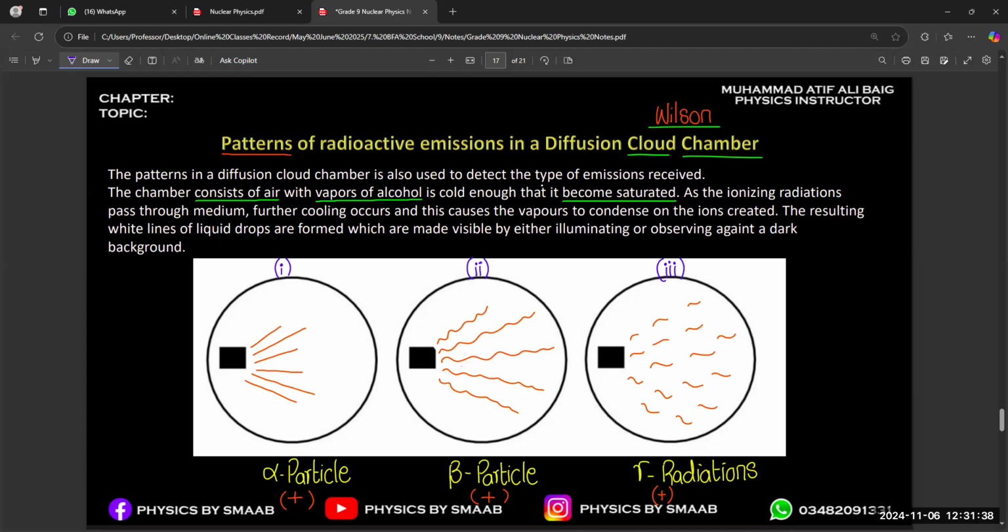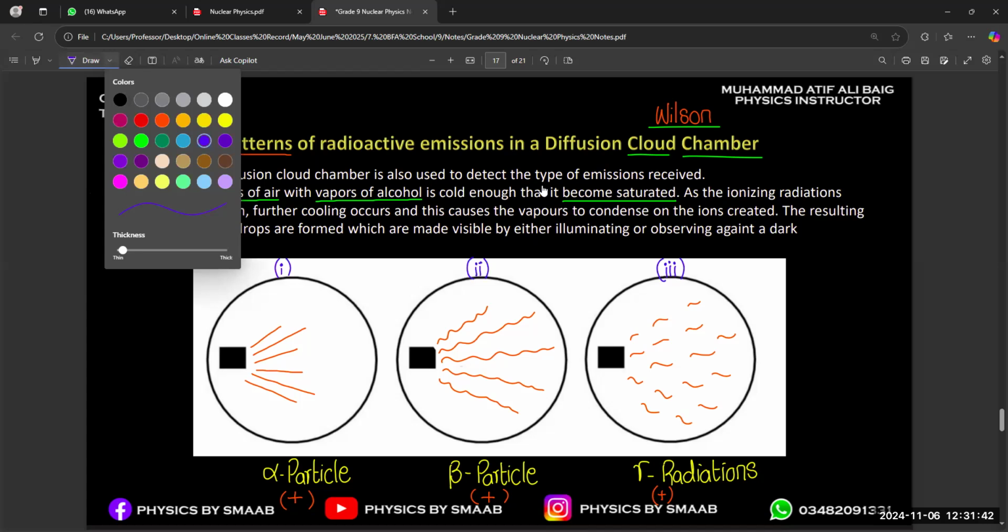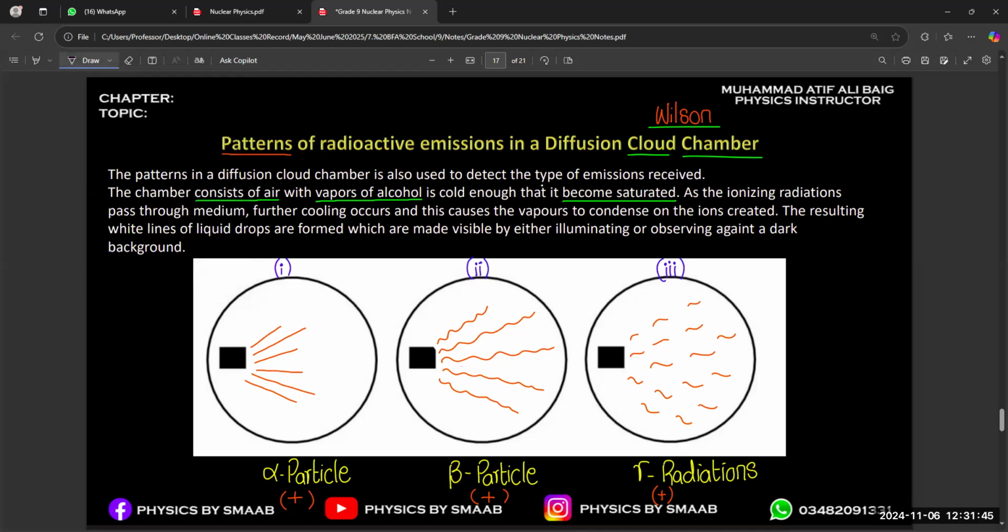The first one is for the alpha particle, and these traces are short and straight, because we know alpha particles are heavy and they are not able to travel through long distances. So that's why we get short and straight traces for alpha.